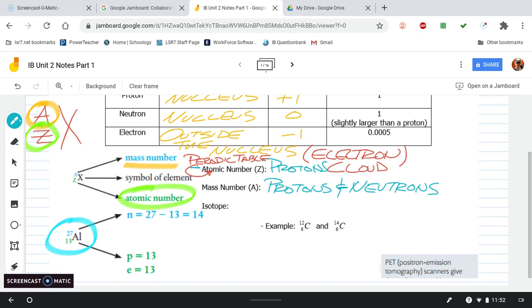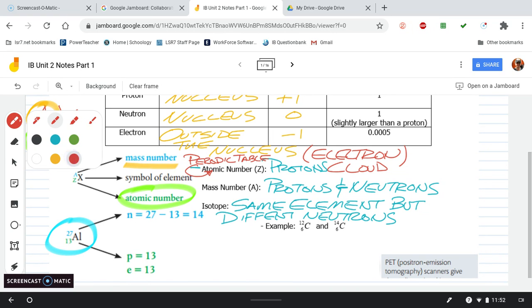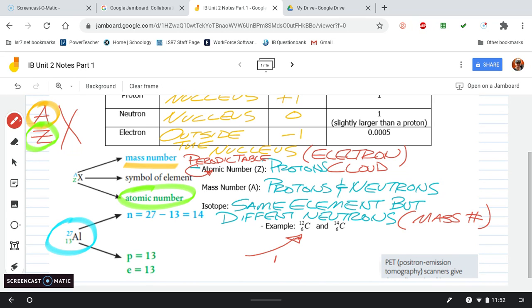So it's going to be the same element, both carbon, silicon, whatever, but they're going to have different neutrons, or a different mass number, right? Because that's what the neutrons are giving us. So these are examples of isotopes right here. Those are both isotopes of carbon.